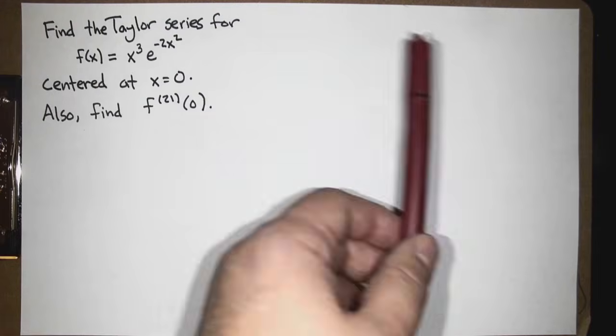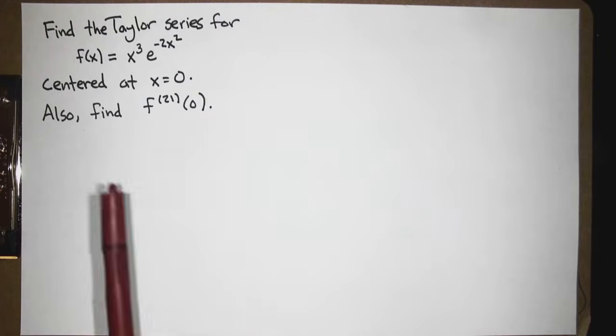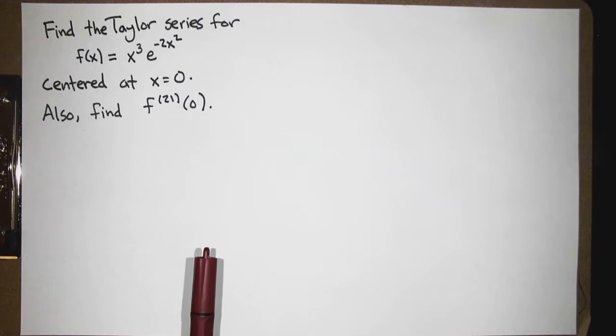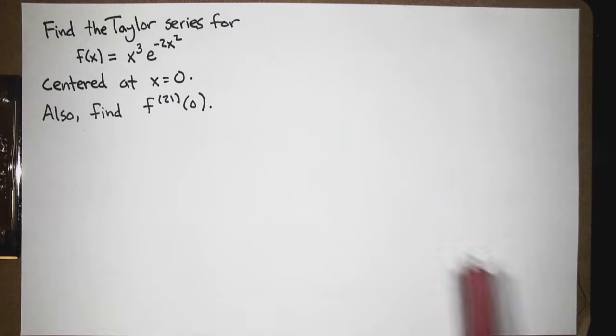We would fill up the whole page by the time we got to the 4th or 5th derivative, and we'd only just started. So it's probably hopeless to find the 21st derivative at 0 by taking derivatives. And yet, nevertheless, we will find the answer.